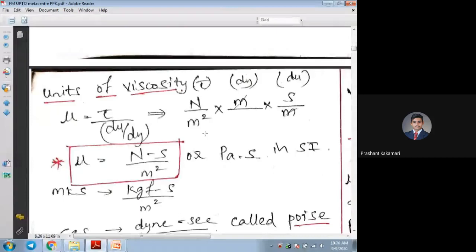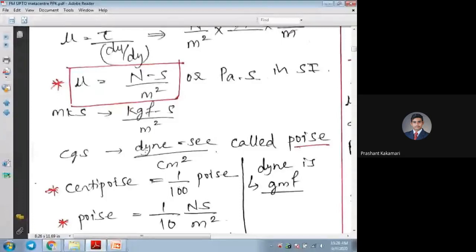So the unit of viscosity in SI is Newton second per meter square, or you can call it Newton per meter square. In SI MKS units, you can write it as kg per second per meter. In CGS units, dyne second per centimeter square is called poise.